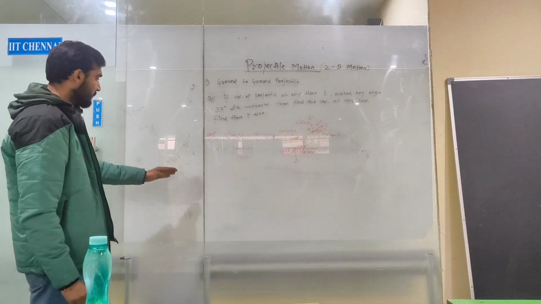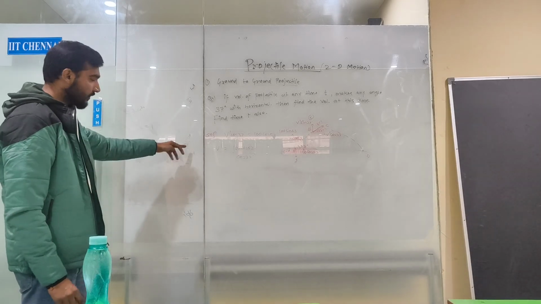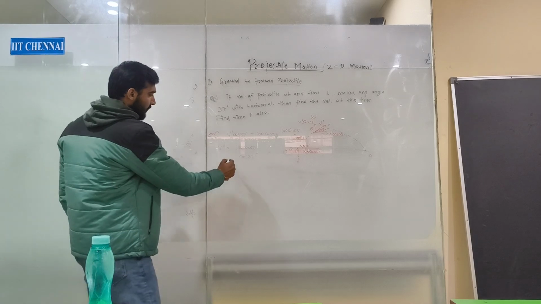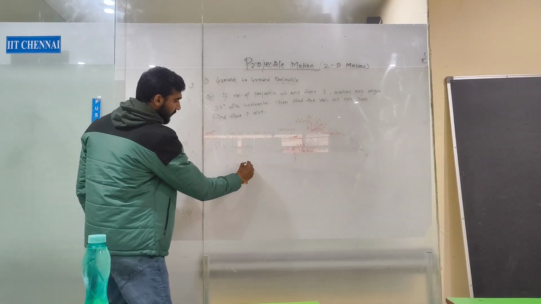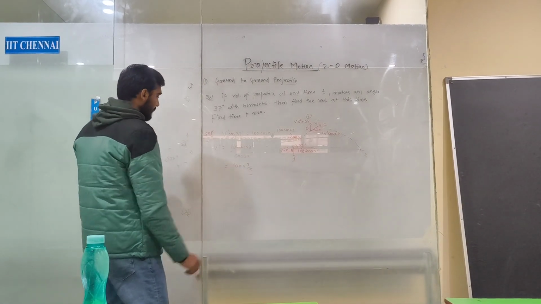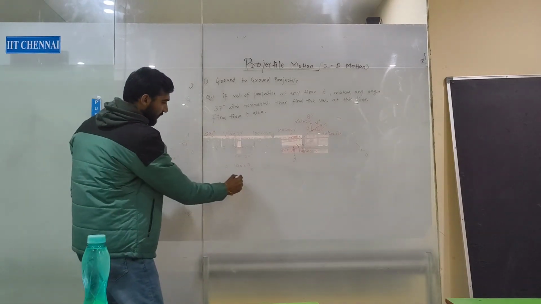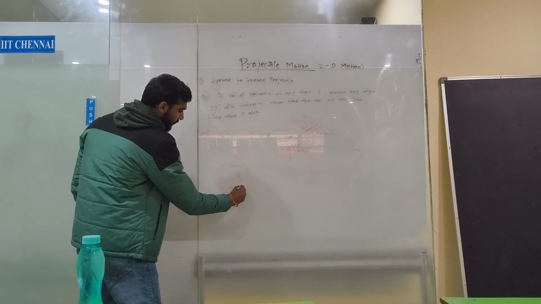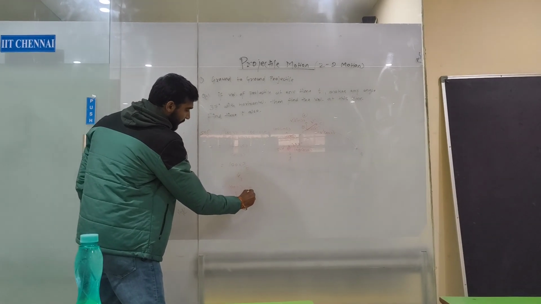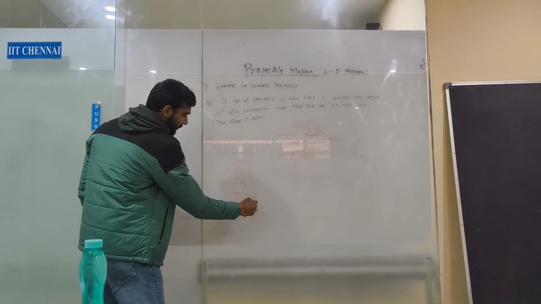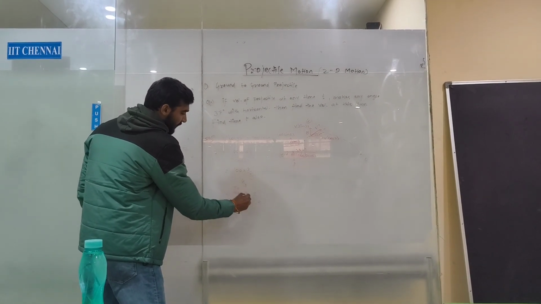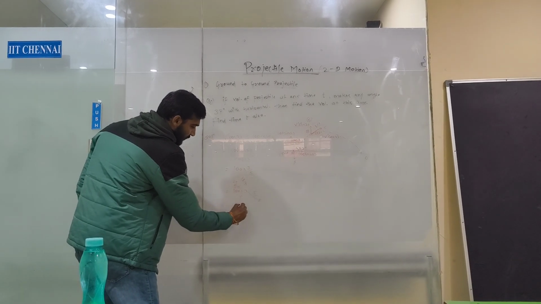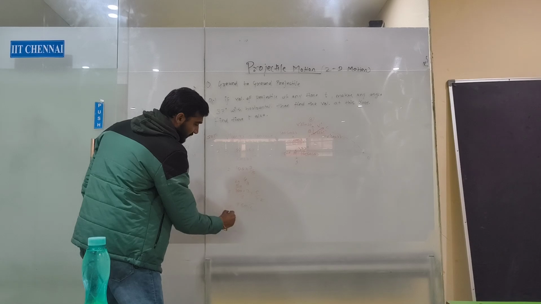See the triangle in this way. Cos 53 will be 3 by 5, so put this value here, 3 by 5. Cos 37 will be 4 by 5. So the answer comes out to be 100 into 3 by 5 into 5 by 4, which is 75. Velocity comes out to be 75 meters per second.